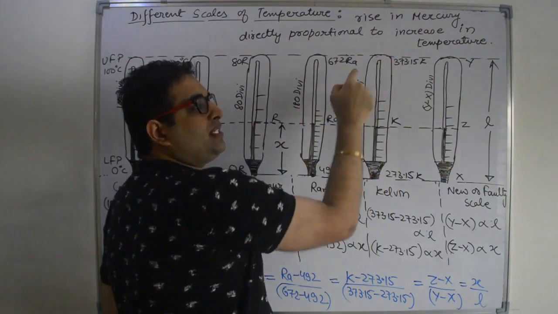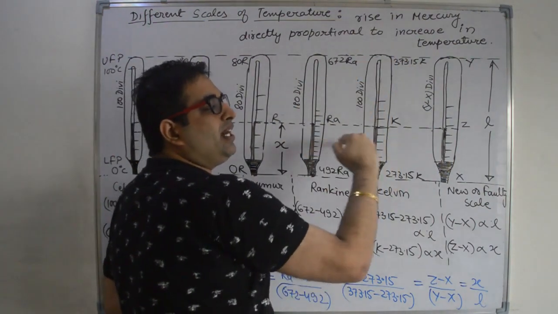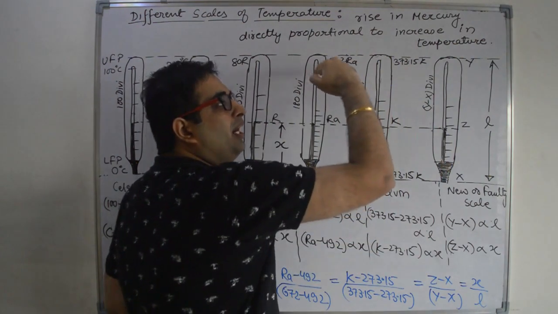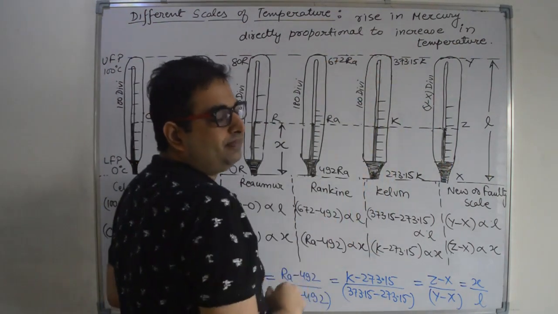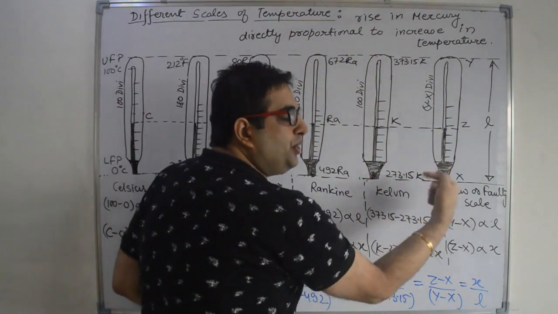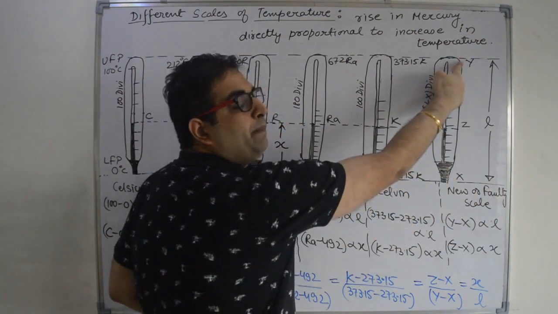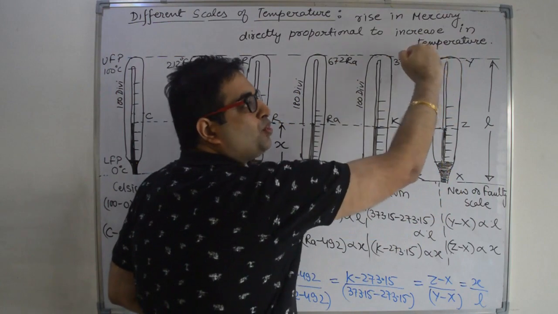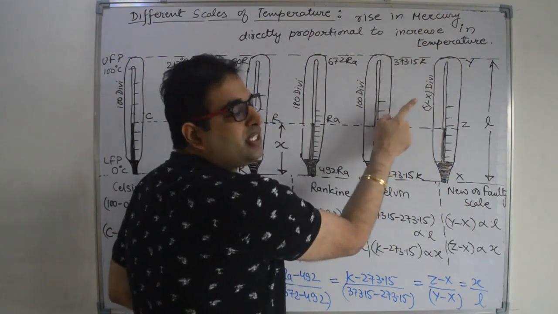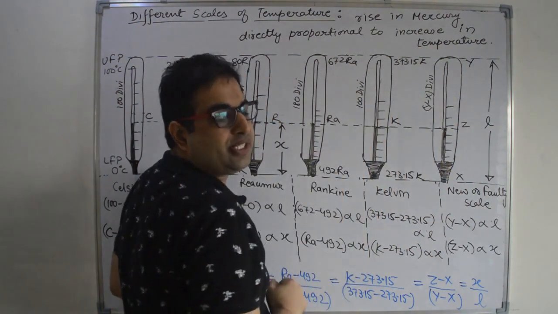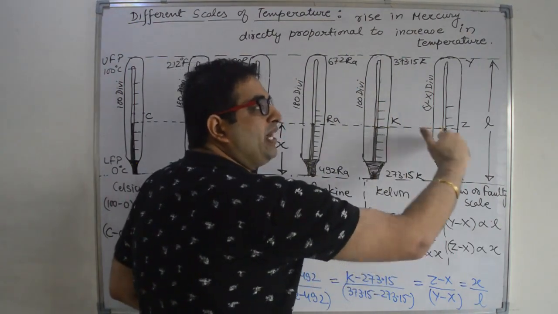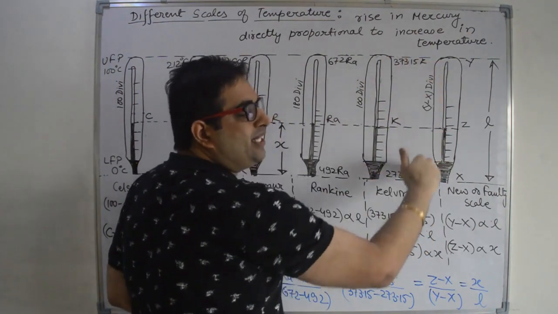So the gap is 100. That means there are 100 divisions or 100 slots in this scale. Similarly, last, the new or faulty scale, starting from X and the upper fixed point is Y. So there are how many divisions? Y minus X divisions. That means there are Y minus X slots in this scale.